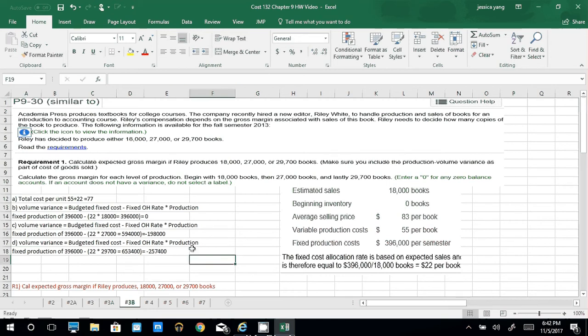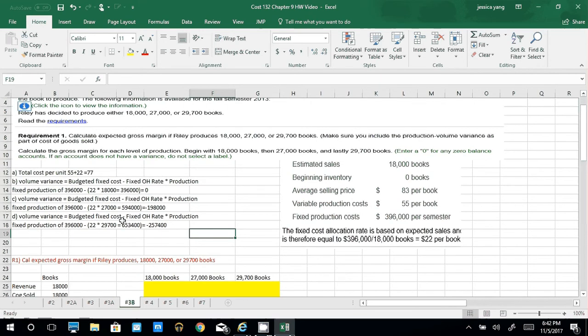There is a variance of negative $257,400 under 29,700 books, and there is a variance of $198,000 under 27,000 books. There is no variance under 18,000 books. With this information, we can proceed to requirement number 1.